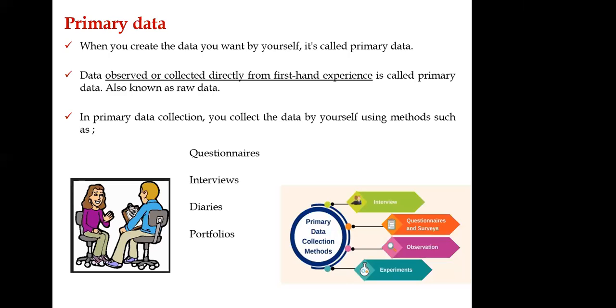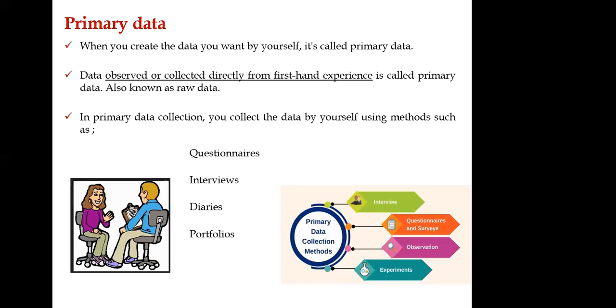Assume sports science students need to do a survey of athletes in the sports field. They prepare a questionnaire and go to the field, then they collect data. After collecting data, they come back to the university and analyze it.